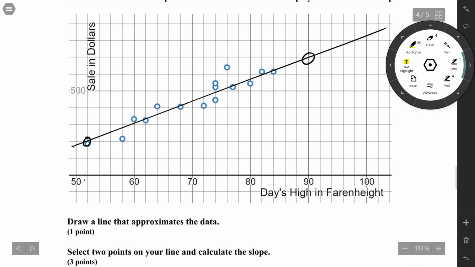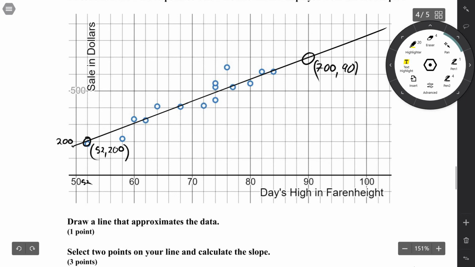So we're at 52 right here, and as far as sales in dollars, we're at $200 right here. So I'm at the point 52, 200, and I'm at the point right here, 790.